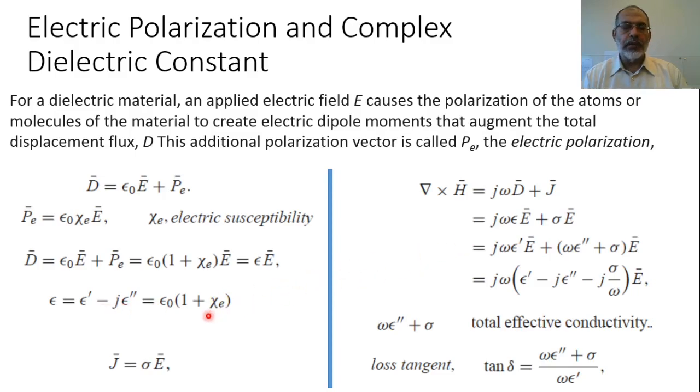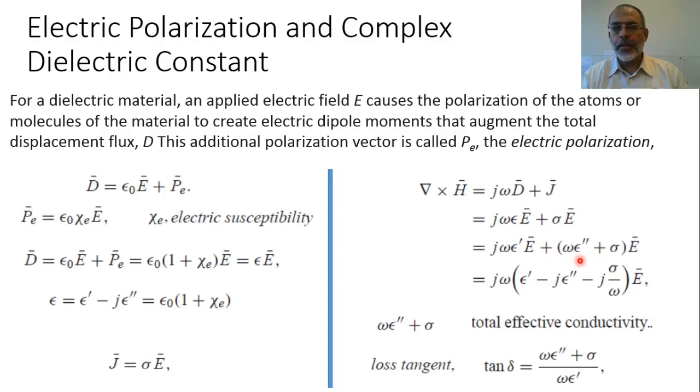So omega epsilon double dash E plus sigma E. So effectively, the contribution or the effect of the imaginary part of the permittivity is equivalent to the effect of the conductivity of the material. So both of them are real and they are positive.